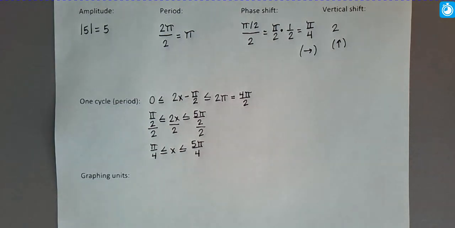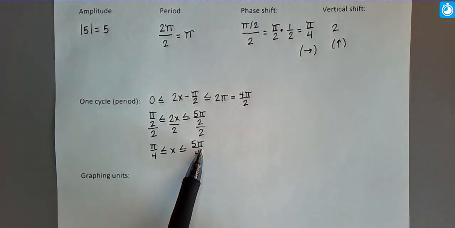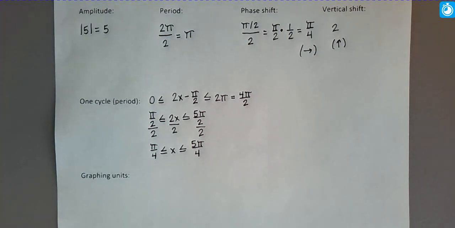Those 5 points divide our period into 4 equally sized intervals. So as we travel from pi over 4 to 5 pi over 4, we're traveling across 4 equally sized intervals. We want to know where those specific key values fall based on the fact that we've divided the period into 4 parts.